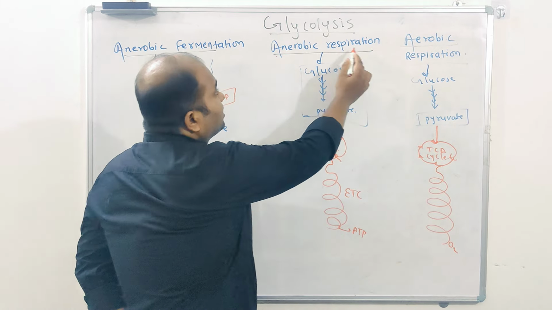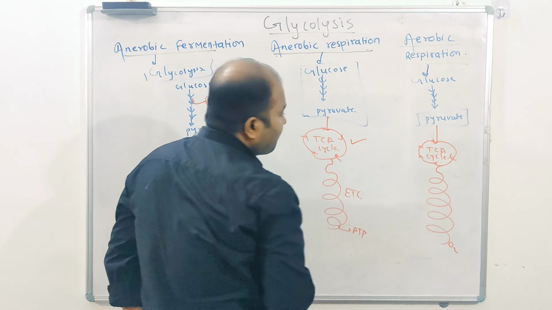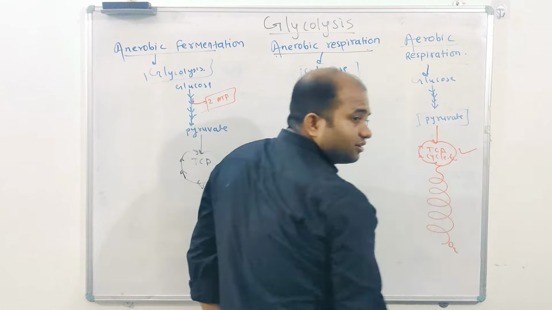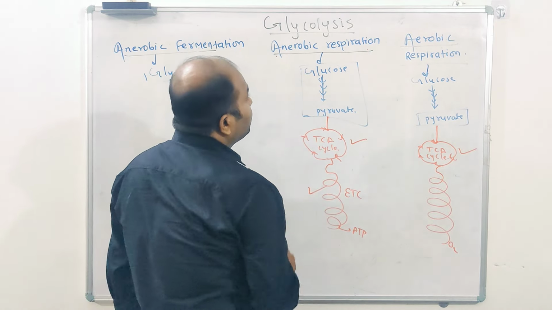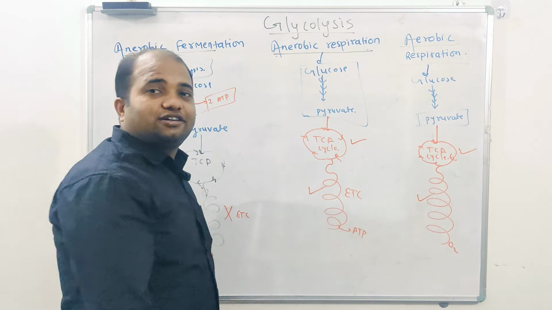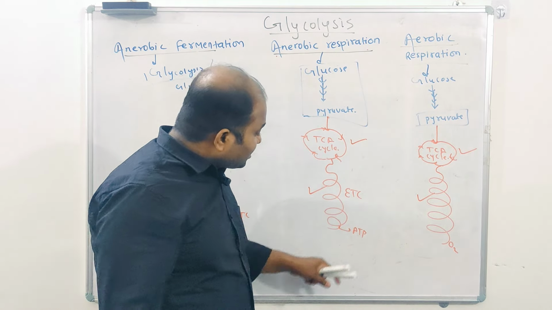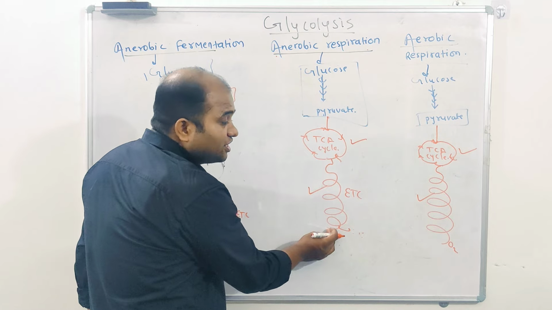But in anaerobic respiration, TCA will be present. Here also TCA is present. ETC is present in anaerobic respiration, and here also ETC is present. Now what you have to see here is, the last receptor of electron is not oxygen.